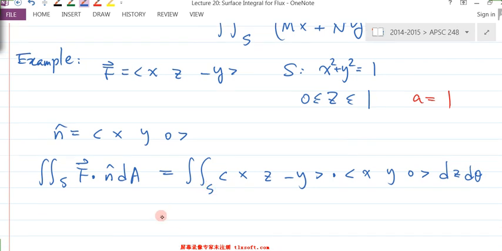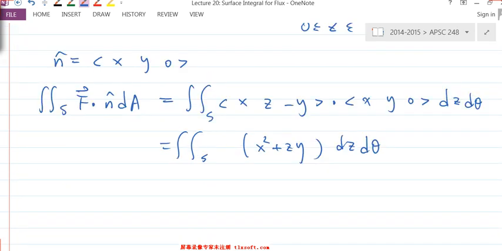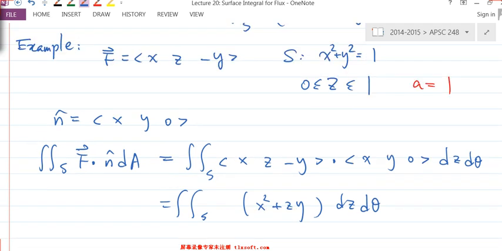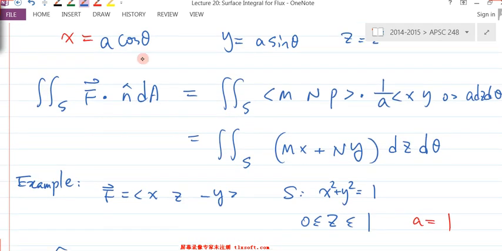Alright, so now the dot product gives us x squared plus zy, and dz d theta. Okay? So replace x with A cosine theta, replace y with A sine theta, and replace z with z.